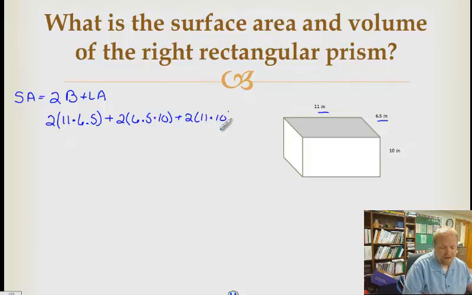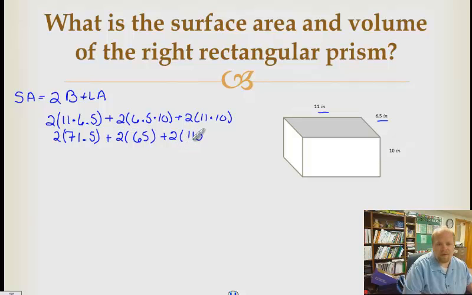Now when I go back through and figure this out, 11 times 6.5 is going to be 71.5. And I'm just carrying everything down. You know how I like to do one thing at a time. 6.5 times 10, all I have to do is move my decimal one spot, so it's 65, plus 2 times 11 times 10 is 110.